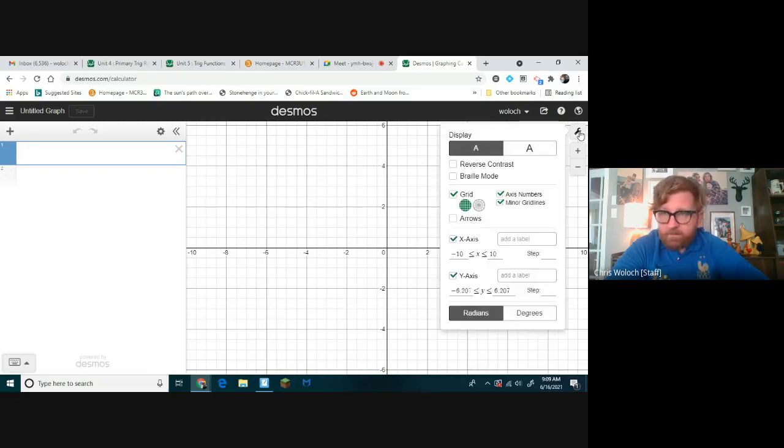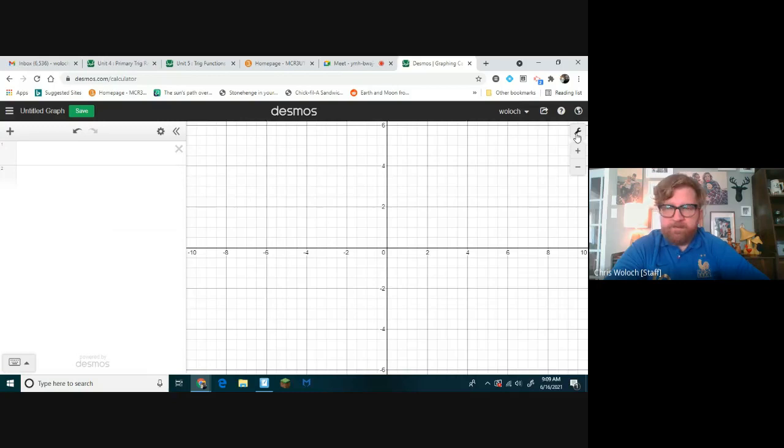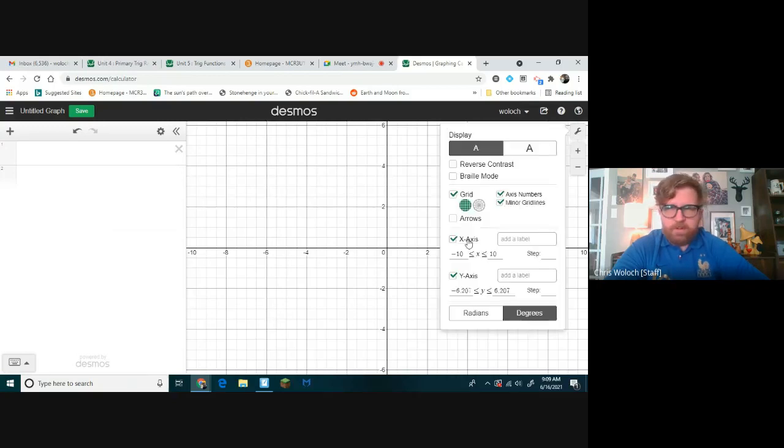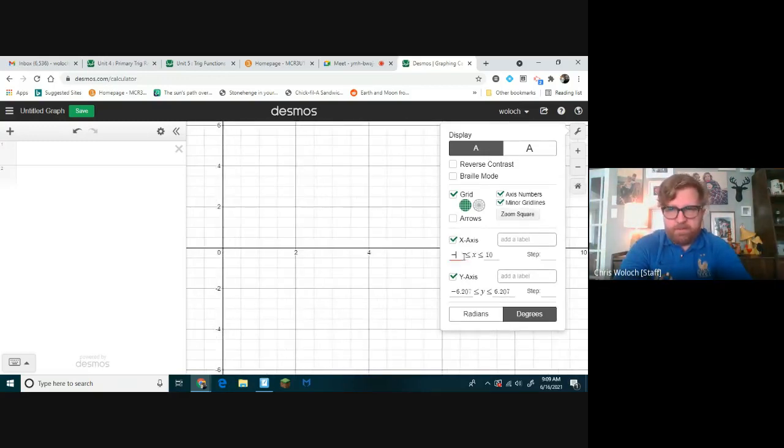So again, when we're doing all this stuff in trigonometry, we need to change it to degrees. And remember, we want to change the window. Now our domain is really big because trig functions can have a period of 360 or 90 or whatever.